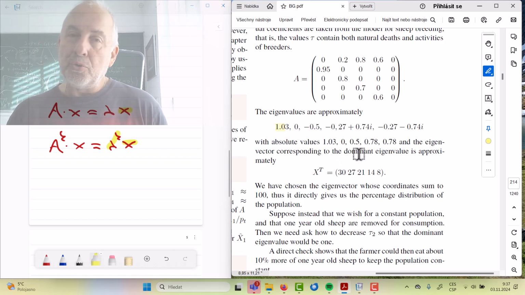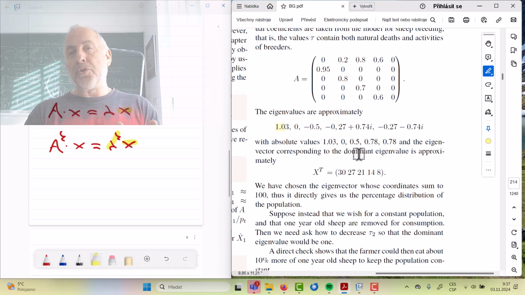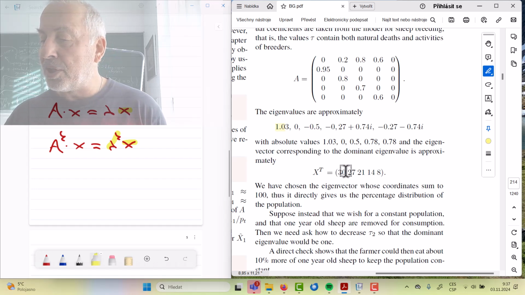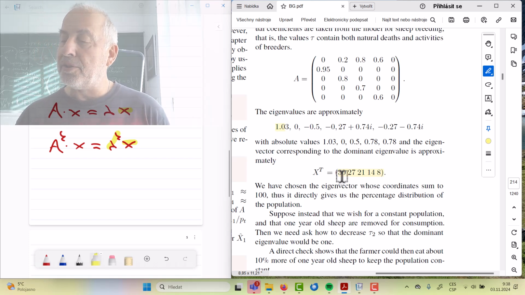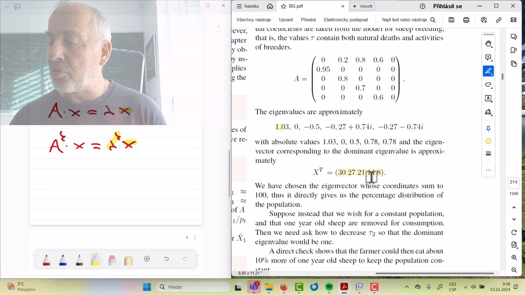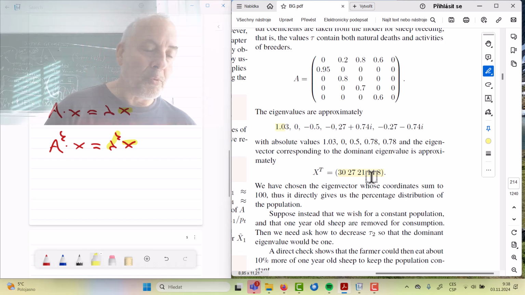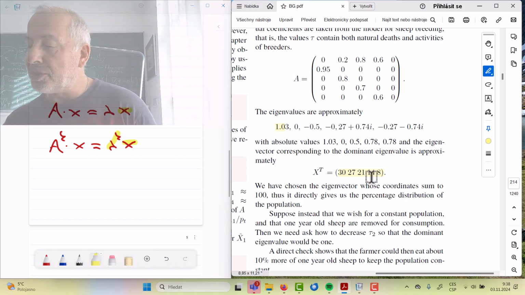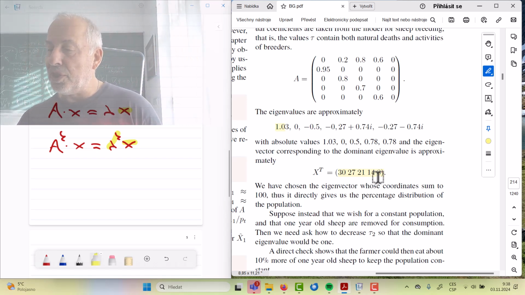The eigenvectors are determined up to rescaling by a constant, so we can rescale it so that the sum of the values is 100. So you see here the percentages: 30% of the sheep in the first cohort, 27 in the second, 21 in the third, 14% in the fourth, and 8, well, outliers will still be surviving in the 5th year.